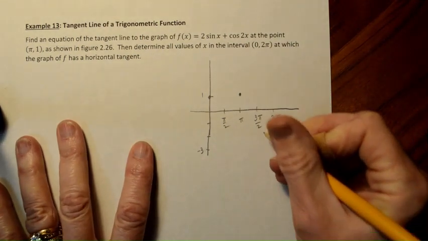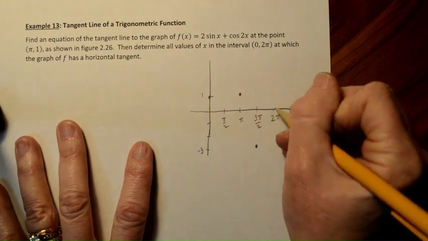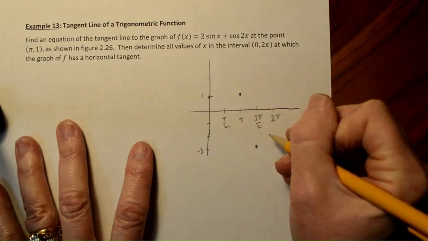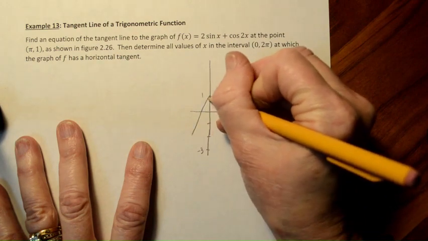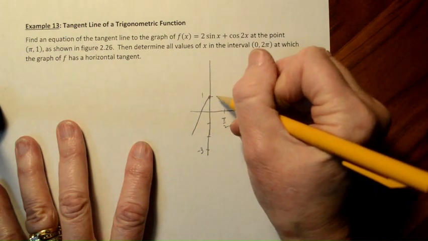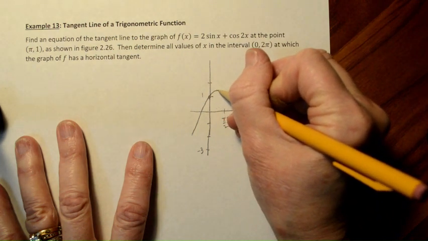So then at 3 pi over 2, it's down here at 3. And then it crosses over about here. And it does a little dip here. So it's going to come up like this. And then it's going to go up, let's say, maybe like 1.5, a little bit higher than that.